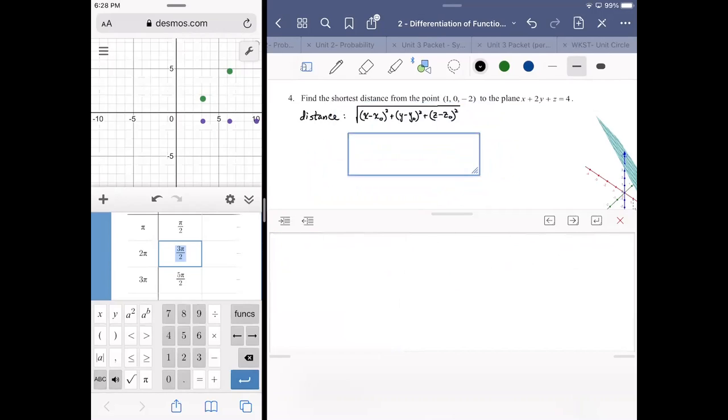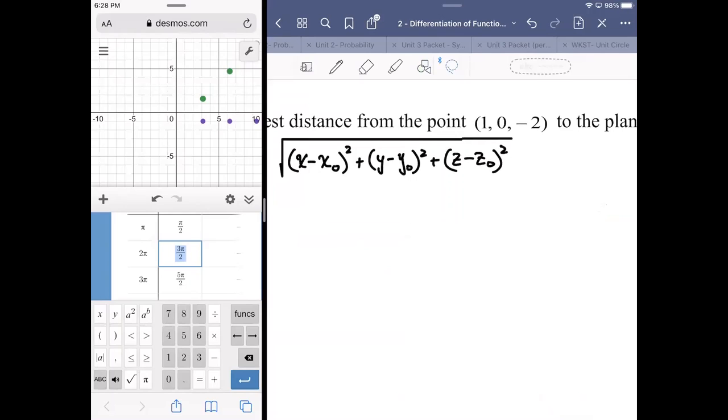Difference between corresponding values of x, y, and z. The benefit of writing it this way is that it keeps one of those dimensions variable.